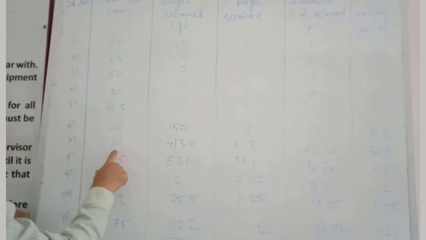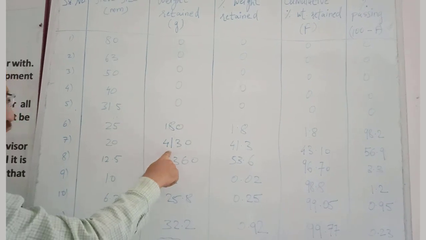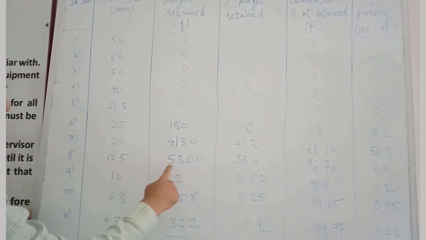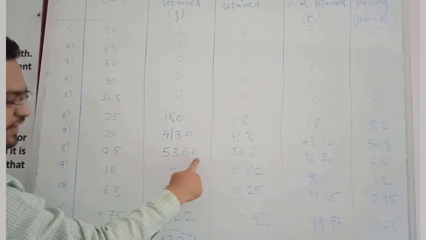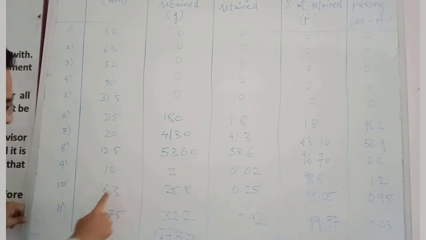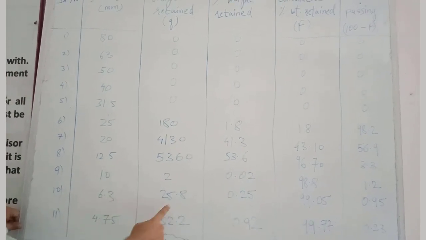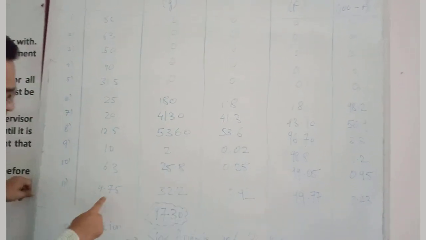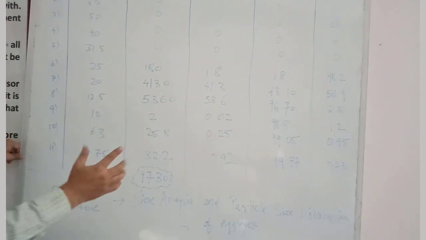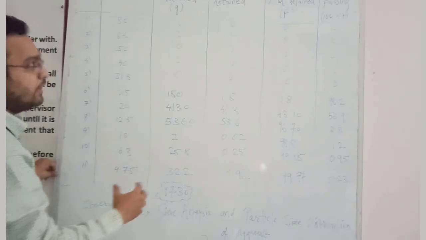Then 20 mm sieve retained 4130 grams, 12.5 mm sieve retained 5360 grams, 10 mm sieve retained 2 grams, 6.3 mm sieve retained 25.8 grams and 4.75 mm sieve, the bottommost sieve, retained 32.2 grams of sample.